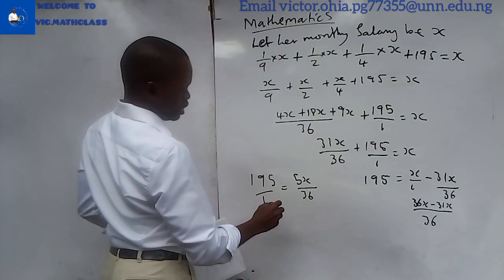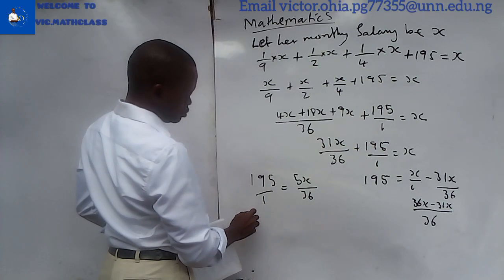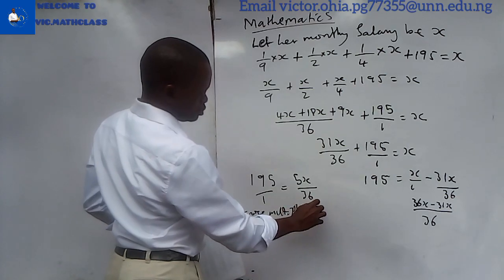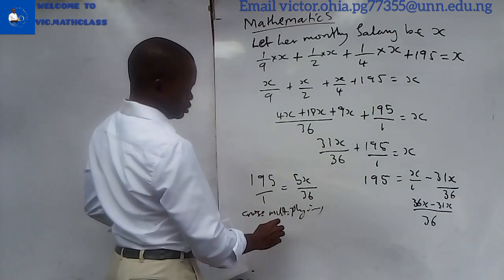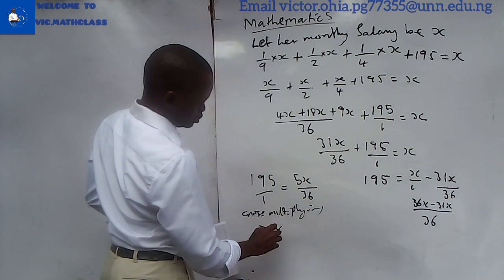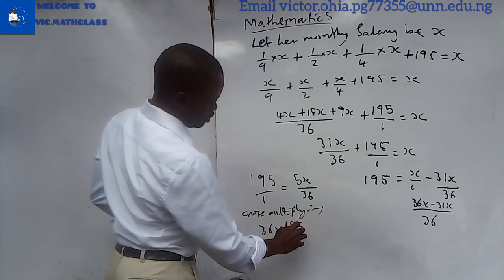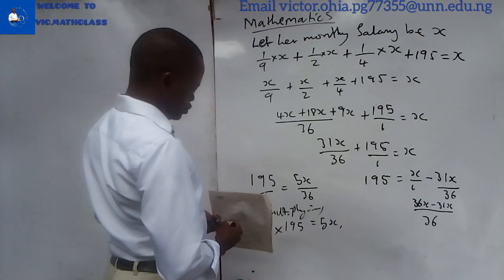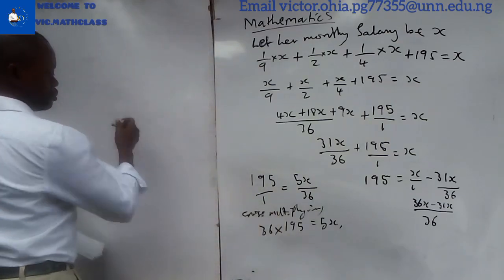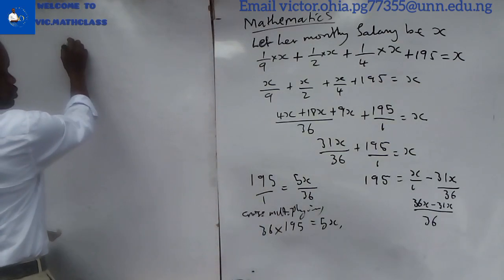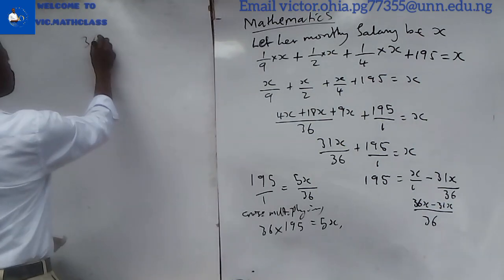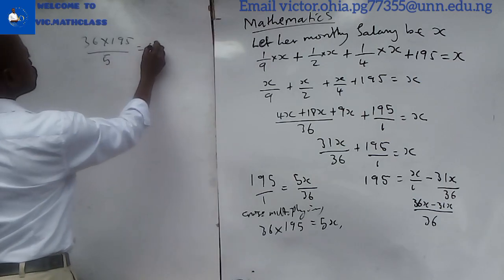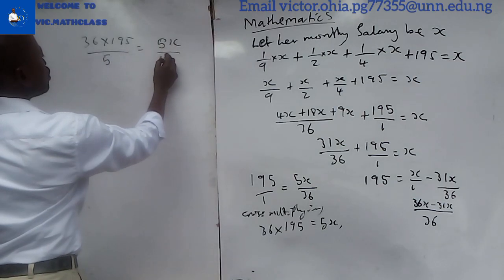If you cross multiply at this level, you will have 36 times 195 equals 5x. So divide both sides by 5, you will have 36 times 195 over 5 equals 5x over 5.